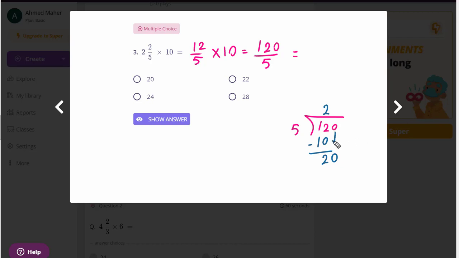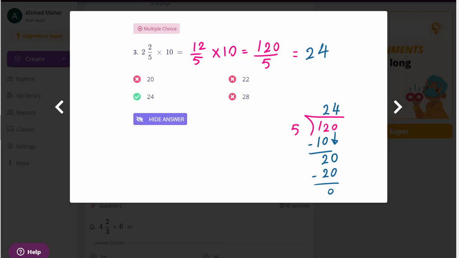And put down the 0. 20 divided by 5 equals 4. 4 multiplied by 5 equals 20. So the remainder is 0. So the whole number is 24. Wow, excellent. I'm impressed. Great work, my hero.